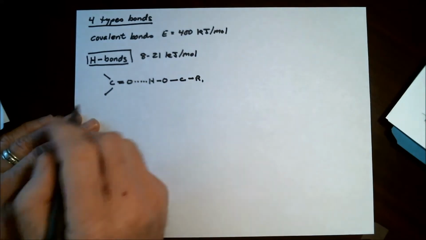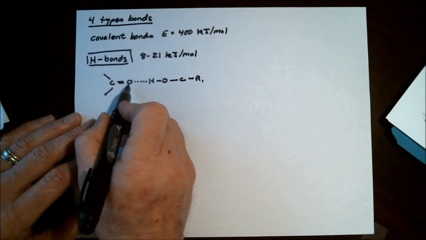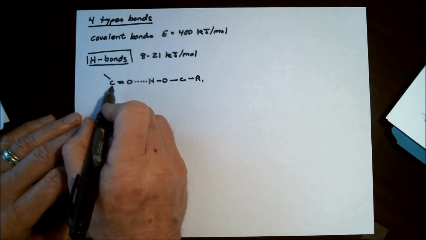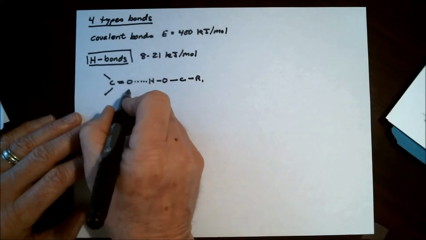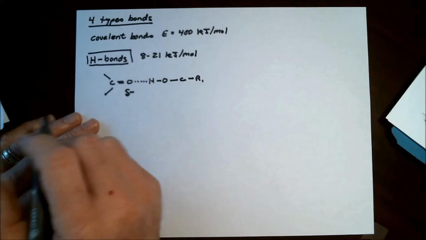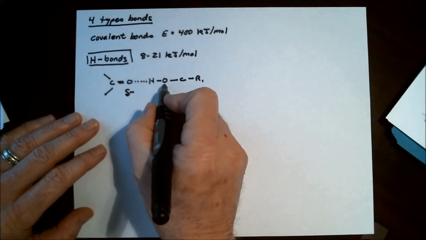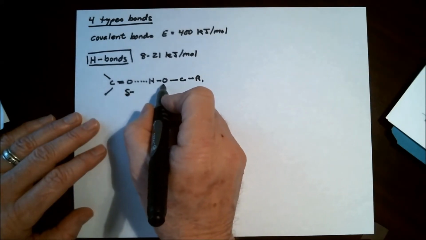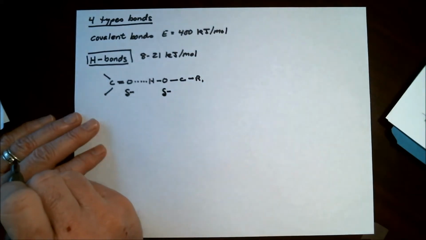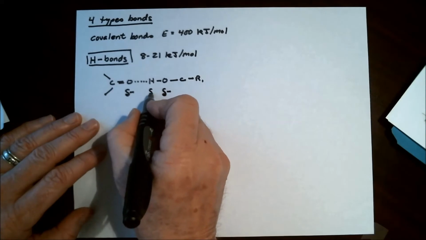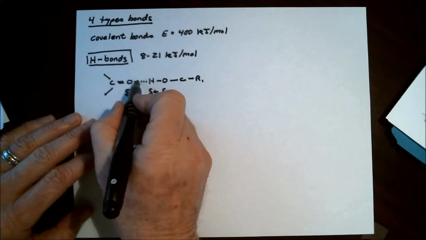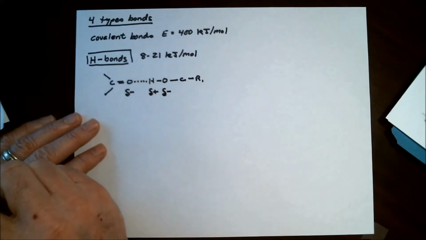So essentially what you see here is that we have an electronegative atom, oxygen, double bonded to the carbon to form a carbonyl, and because of its electron withdrawing strengths, it is going to be a partial negative charge. Likewise, the oxygen on the alcohol group, the hydroxyl group here, is also going to be electron withdrawing, which will essentially induce a partial positive charge on the hydrogen, allowing the formation of a hydrogen bond.